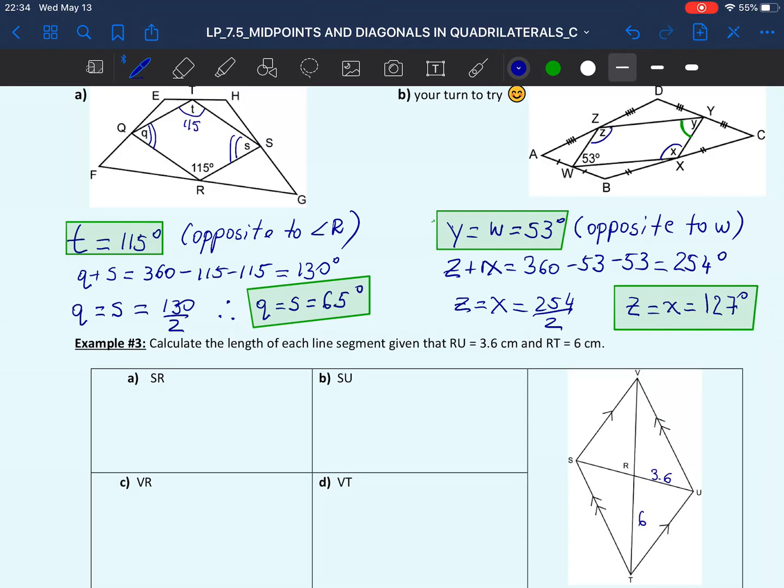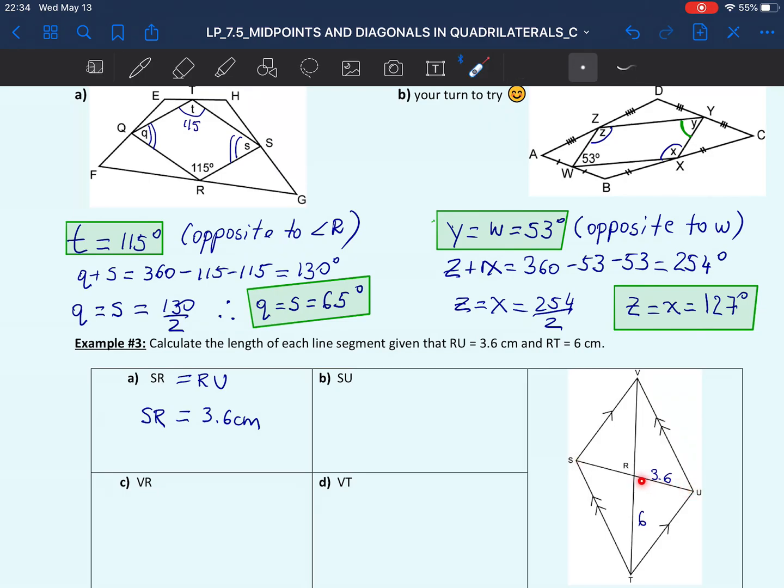And we need to state the lengths of SR. So SR is right here, equals RU. So we'll write that down. And SR equals 3.6 centimeters. Next, we have to find SU.